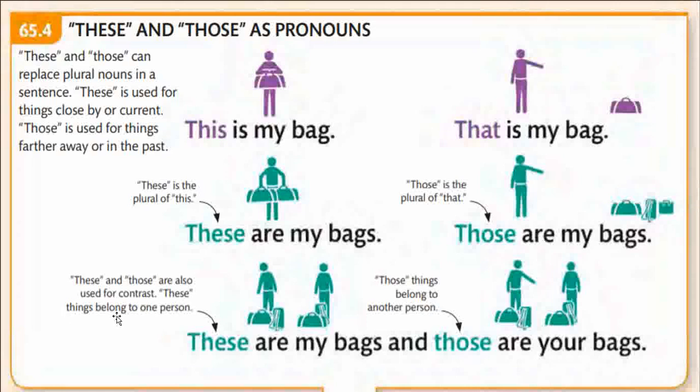These things belong to one person. These are my bags and those are your bags. So these are also for contrasting, that means opposite ideas. Those things belong to another person. So these and those are differentiating or demarcating something belonging to one person and something belonging to another person.